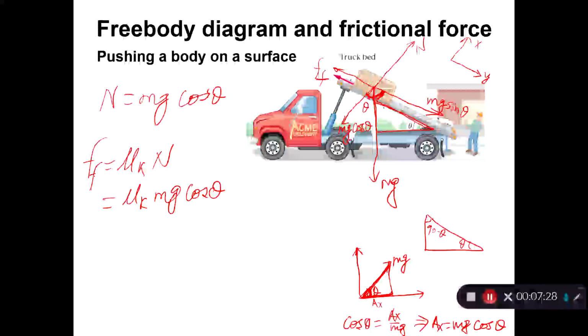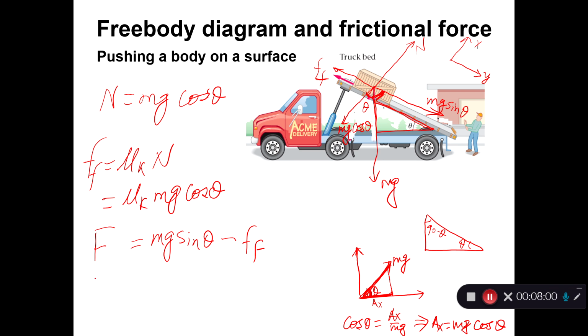Now if I want to calculate the motion along the inclined plane, I have mg sine theta as one force, and the other force is F, the frictional force. mg sine theta is along the direction of motion, positive y, so this is positive. F is opposite to the direction of y, so this is negative. The sum of them should be equal to the resultant force.